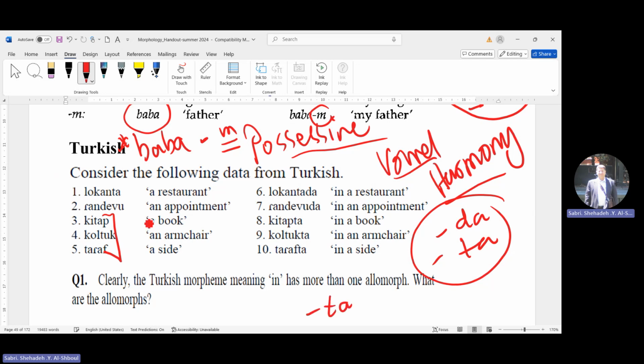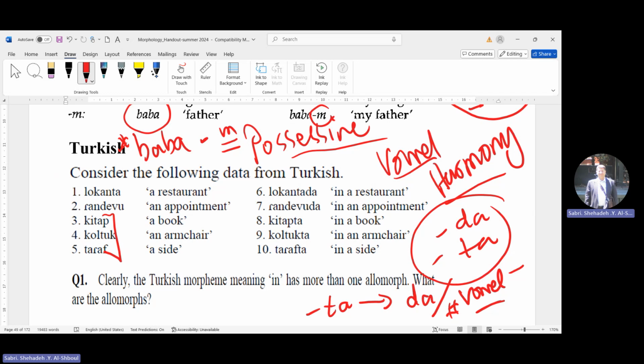So the morpheme ta becomes the allomorph da, right? When, if, and only if we have what? We have a vowel in the final position of the word. So if it is a vowel, we have da instead of ta.